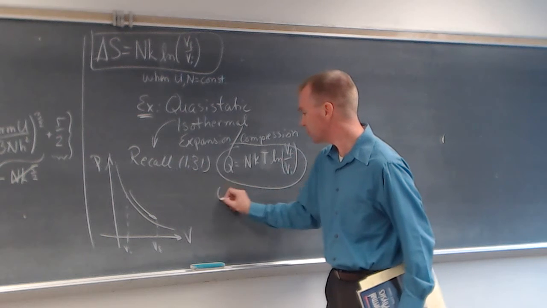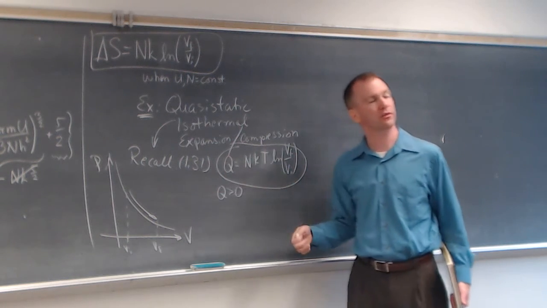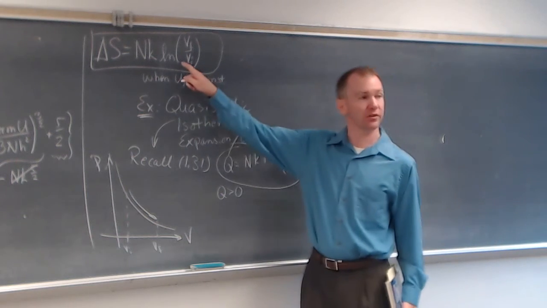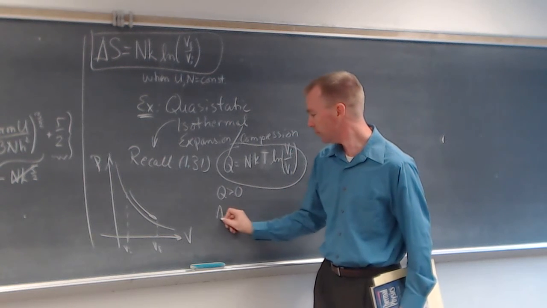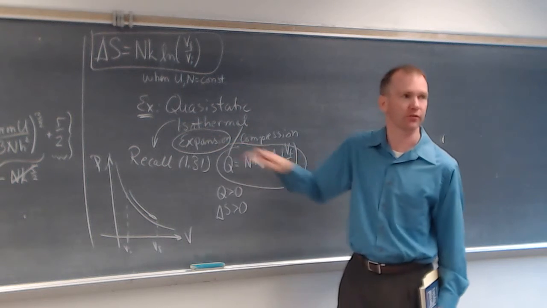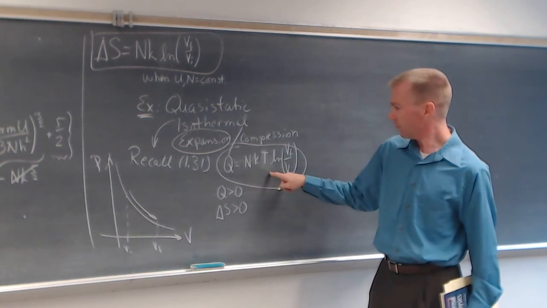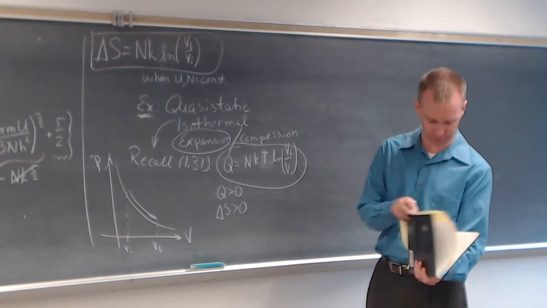So if it's an expansion, Q is greater than 0. We're adding heat to the system as it expands, and by this here we see that we're also raising the entropy. Let me circle that this is an expansion for those two cases there. Heat flows into the system, and entropy is raised in the system.